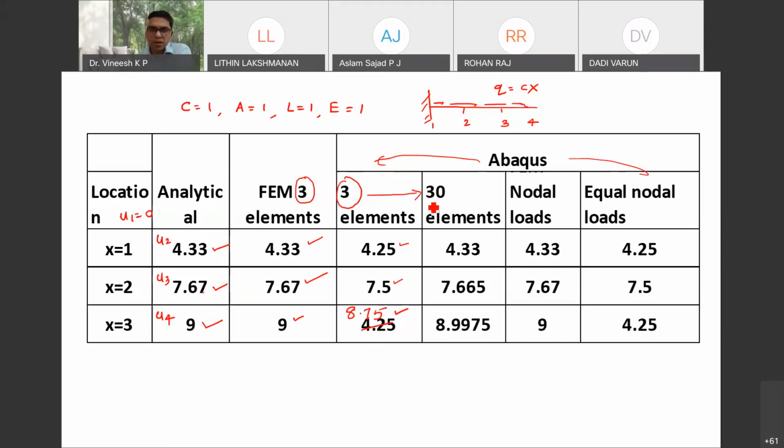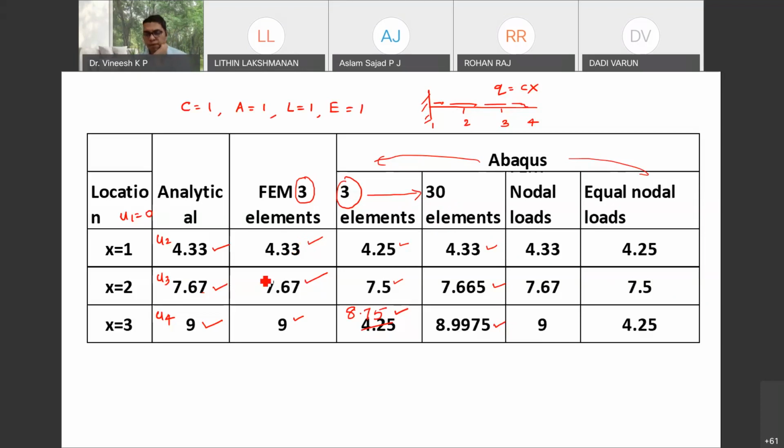The result I got is 4.33, then 7.665, and 8.9975. So whenever I increase the number of elements, the results match the analytical result.